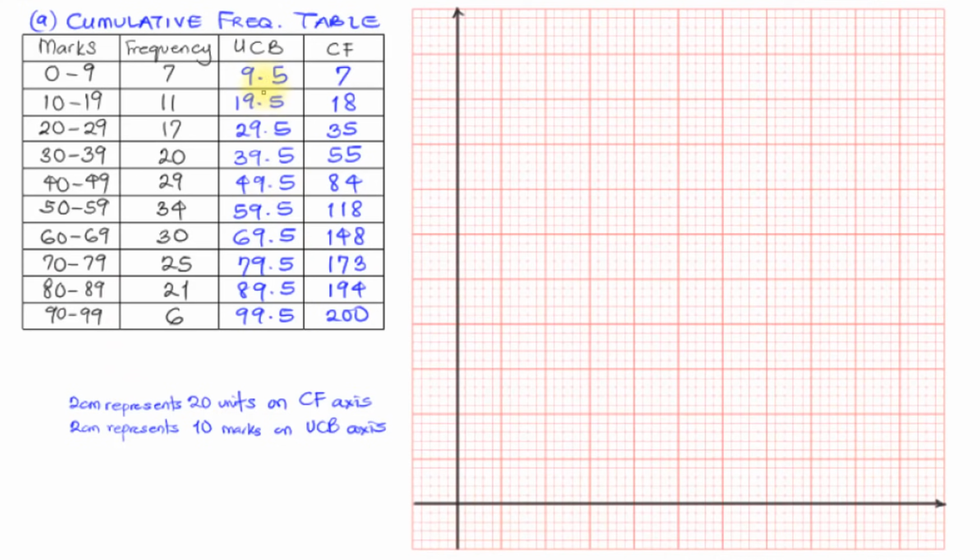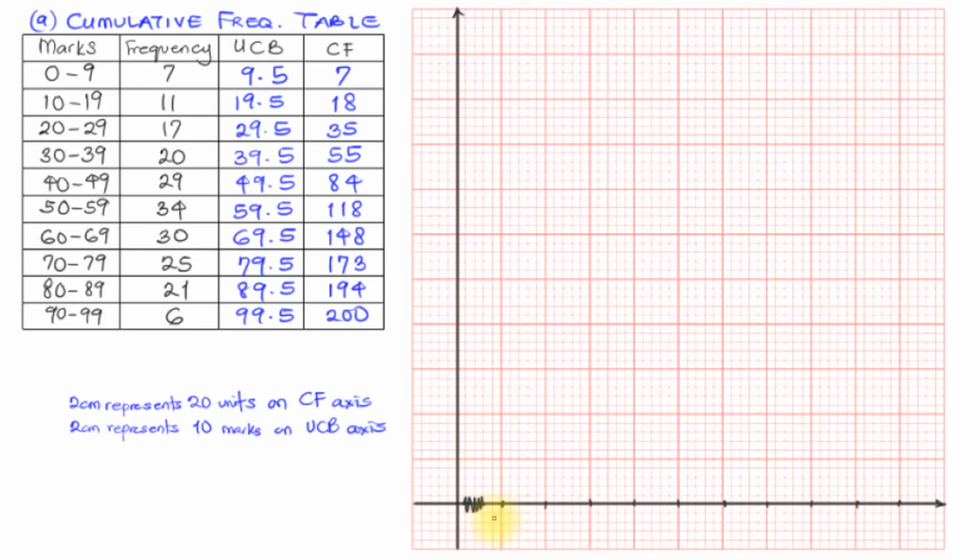And then because the upper class boundary is not on a scale of 10, okay, normally what I advise students to do is you can notch that origin, showing that you are not really scaling from the origin. Then you can use these thick lines, the 2 centimeters, to represent your 10. Okay, you know the space from each 2 centimeter mark is 10 marks, but because I've notched it, I'm not starting from 0.